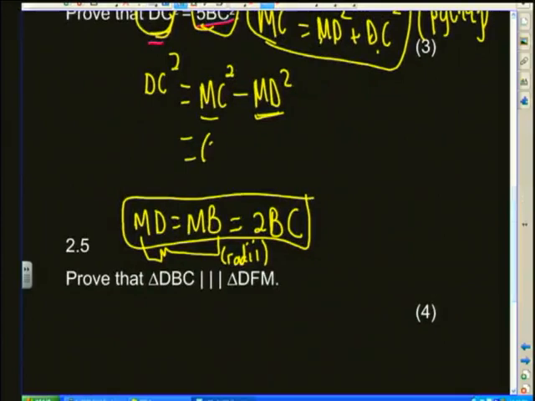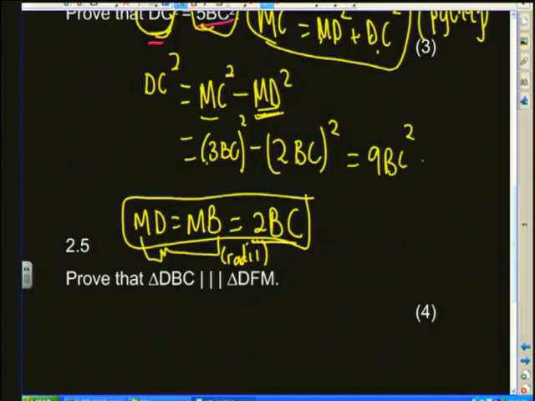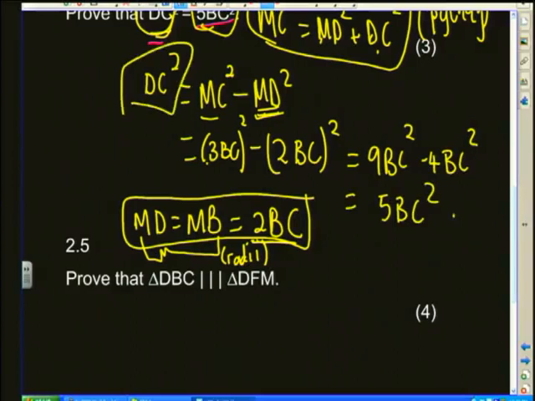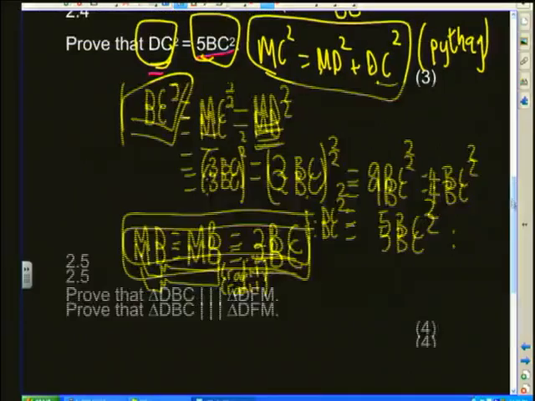So MC is going to be 3 times BC squared minus MD squared, and MD squared we know was 2 times BC squared. So that's going to give me 9 BC squared minus 4 BC squared, which will give me 5 BC squared, which is fantastic because we've now answered the question. So therefore we've got that DC squared is equal to 5 BC squared.